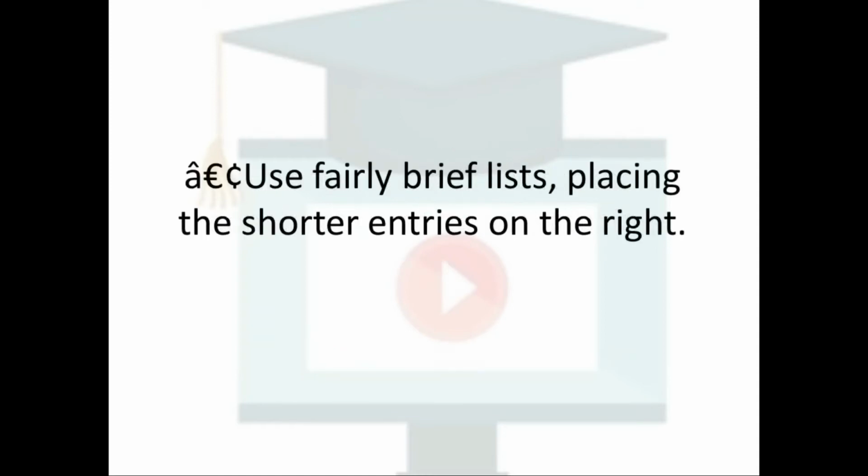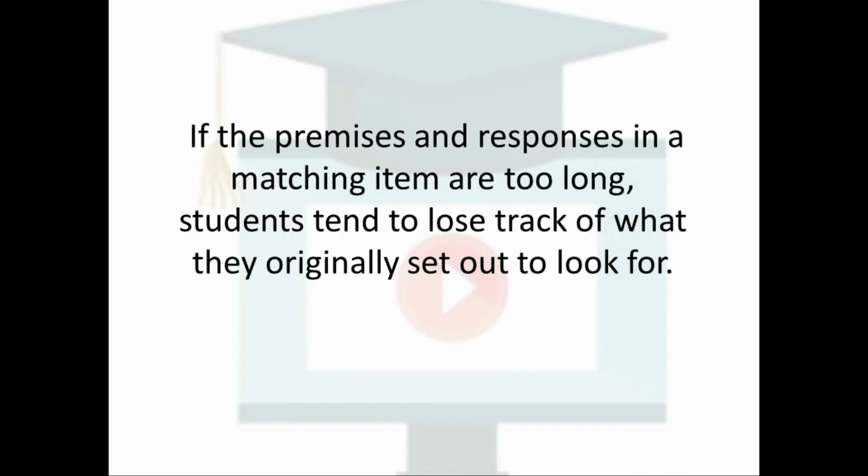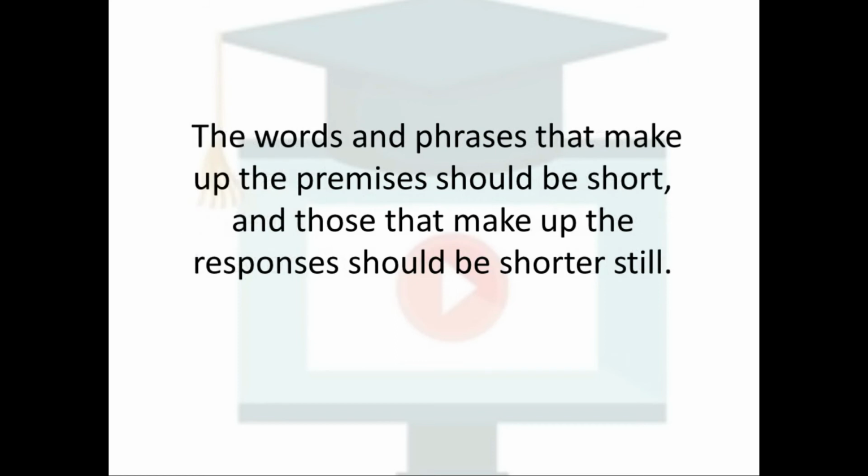Use fairly brief lists, placing the shorter entries on the right. If the premises and responses in a matching item are too long, students tend to lose track of what they originally set out to look for. The words and phrases that make up the premises should be short, and those that make up the responses should be shorter still.